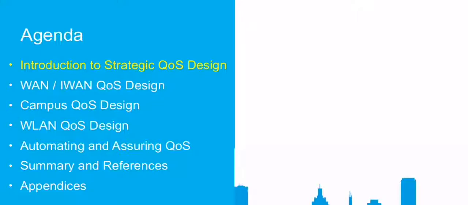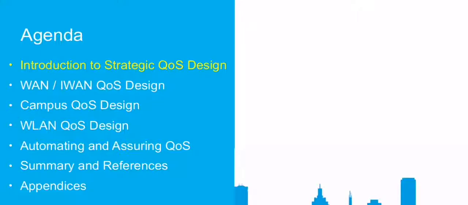Look at this agenda. Introduction, wide area network QoS design, campus QoS, wireless LAN QoS design, automating and assuring QoS, which is already talking about a very high level of understanding, summary and references.